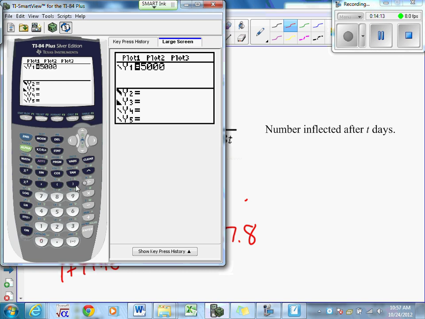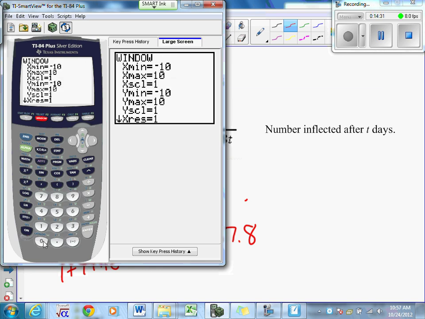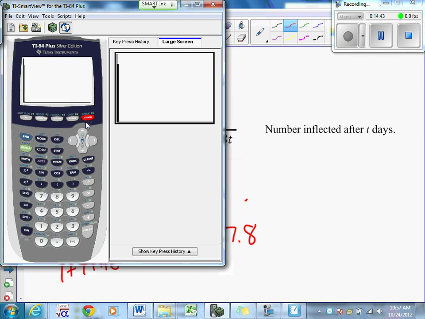Now, if I graph this, let's graph this for a second. 5,000 divided by 1 plus 4,999 e to the negative 0.8 times 10. And if I graph it, I'm going to go 0 to, let's go 5,000. I'm guessing here, we'll see if this works. Too far.